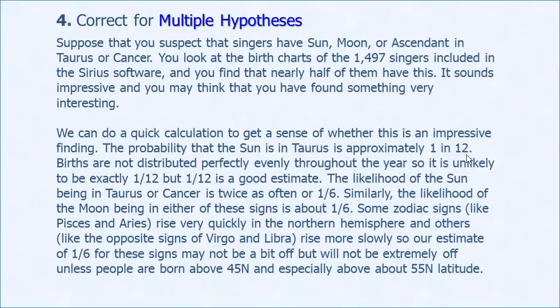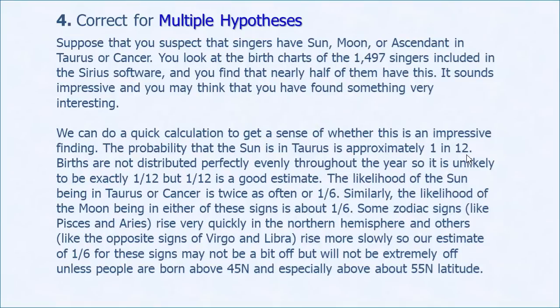Probability of moon in Taurus or Cancer, also about 1 in 6. Probability of ascendant being in Taurus or Cancer, about 1 out of 6. Although with rising signs, our estimate of 1 out of 6 could be pretty far off because different signs rise for longer and shorter periods of time.